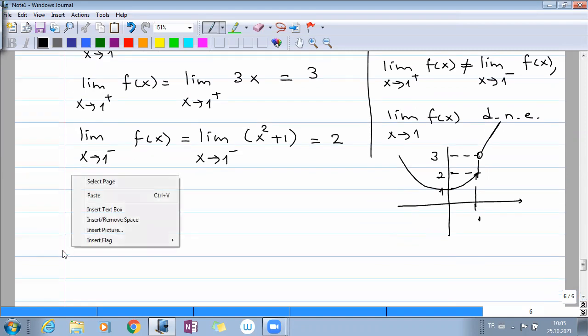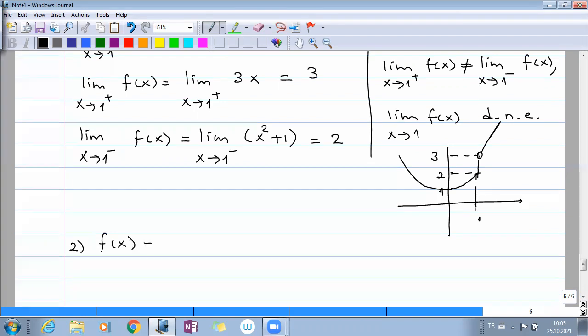On the other hand, if you have a function defined to be x squared plus 1 if x is less than 1, 3 if x is equal to 1, and 3x minus 1 if x is greater than 1.